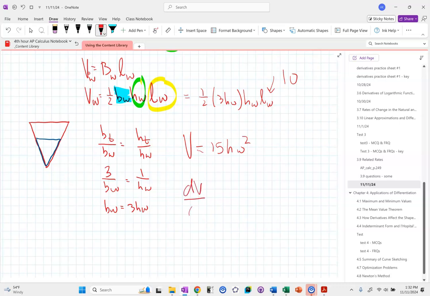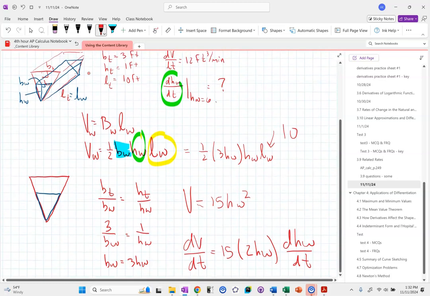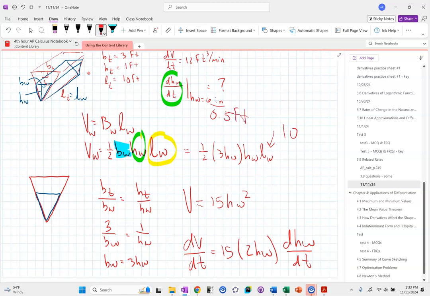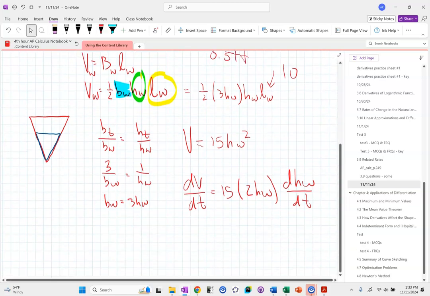So dV/dt is equal to 15 times 2 HW dHW/dt. So far, good there. And then I know HW is 6 inches. Everything else is in feet, so I'm going to have to convert that into feet. So I'll call it 0.5 feet.